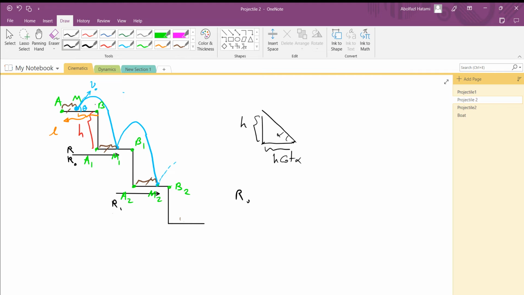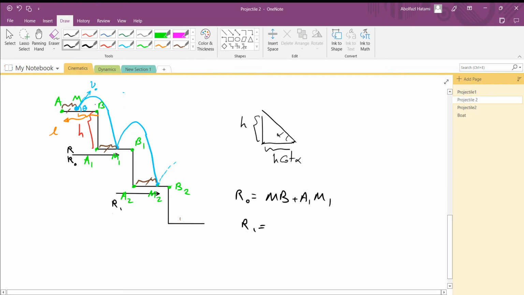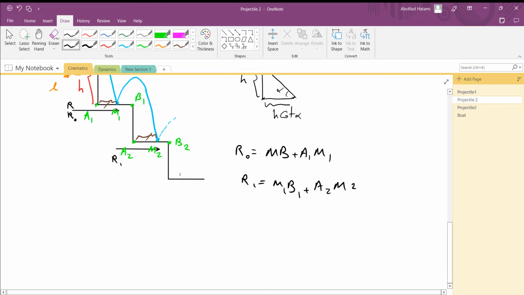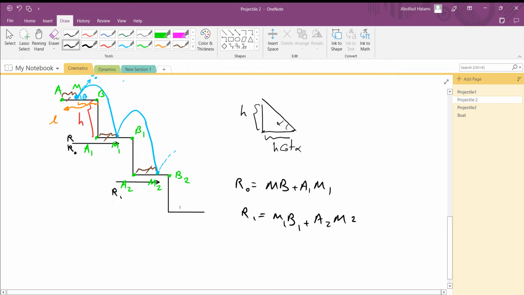R0 is equal to AM plus MB. Sorry, I wrote it wrongly, it is MB plus A1M1, and R1 is equal to M1B1 plus A2M2.